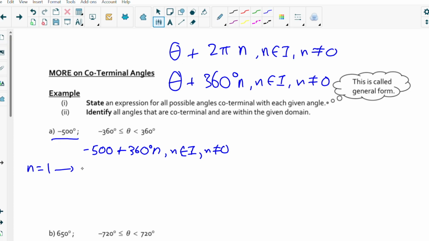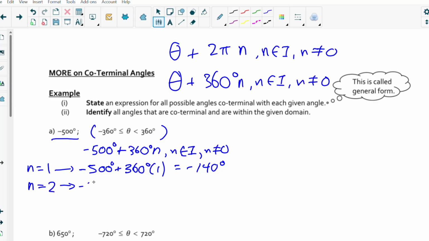That's negative 500 degrees plus 360 degrees times 1. That equals negative 140 degrees. That's still within my domain here. Okay. N equals 2. Negative 500 degrees plus 360 degrees times 2. That is 220 degrees.